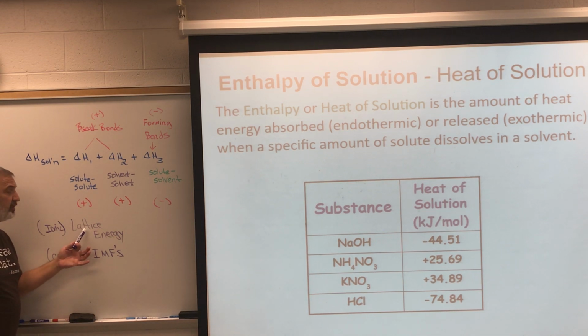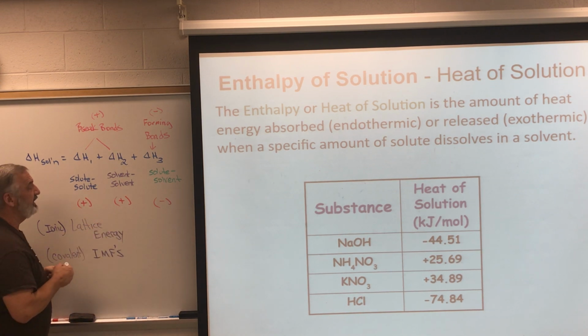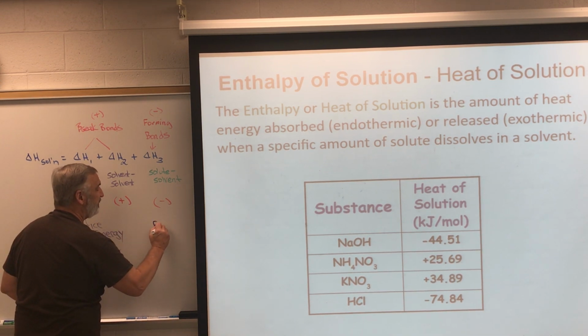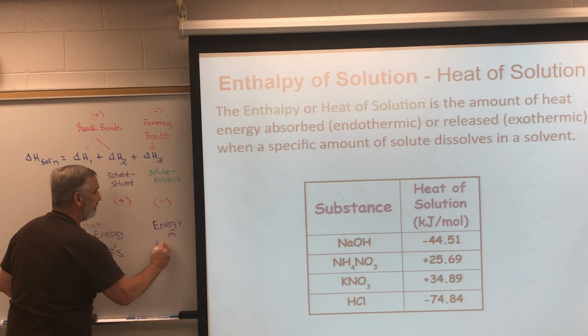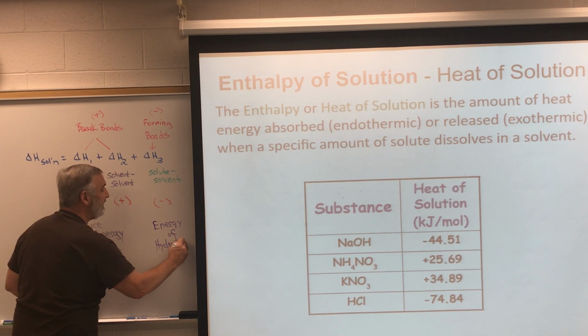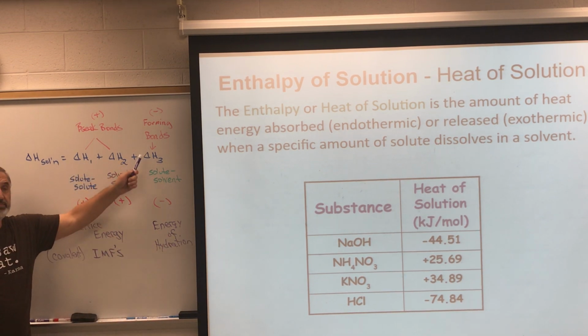A sugar molecule, it's hydrogen bonds and dipole-dipole attractions holding them together that have to be broken apart. And salt and any ionic compound, it's ionic bonds, which we refer to as the lattice energy. You have to break these bonds. The water molecules have to move apart, it's positive, and then the energy coming here, we call this the energy of hydration. This is the energy released when the bond forms between the water and the solute particle.